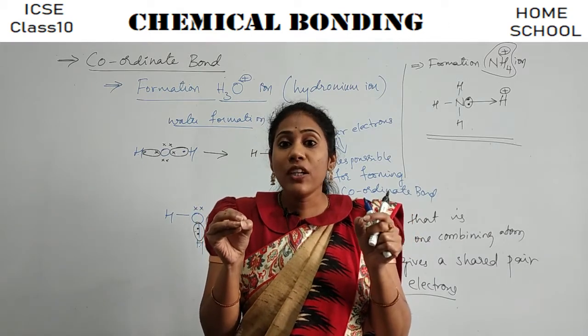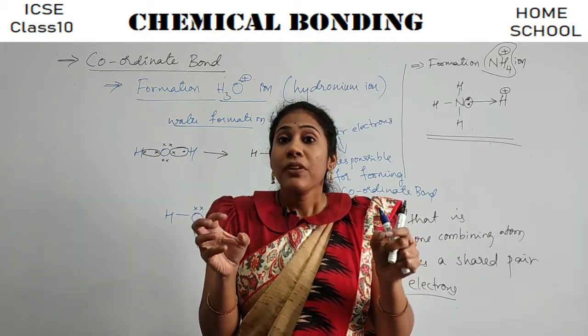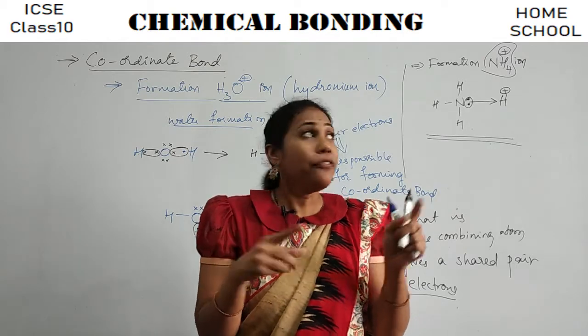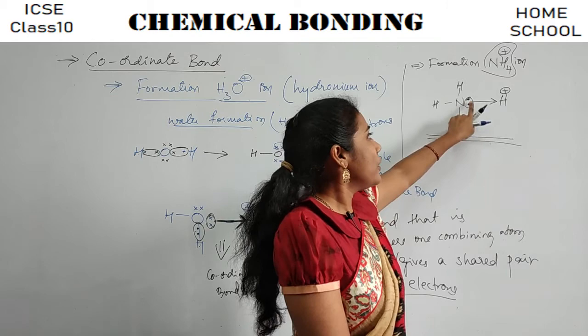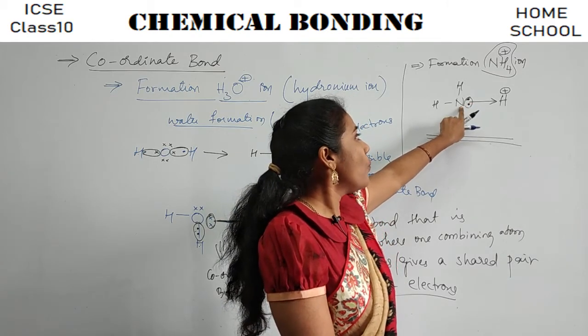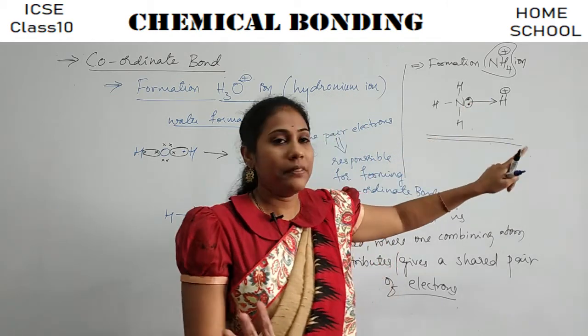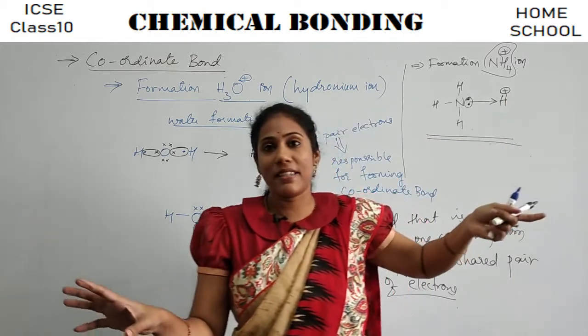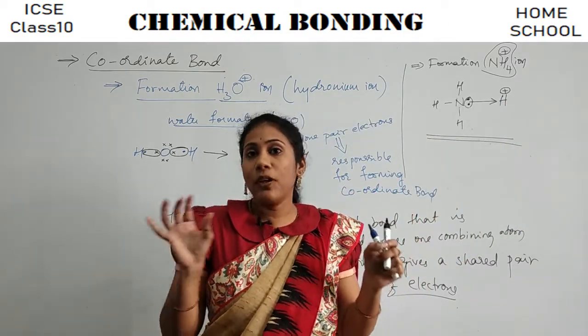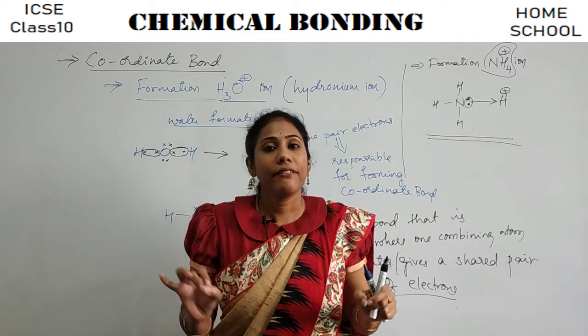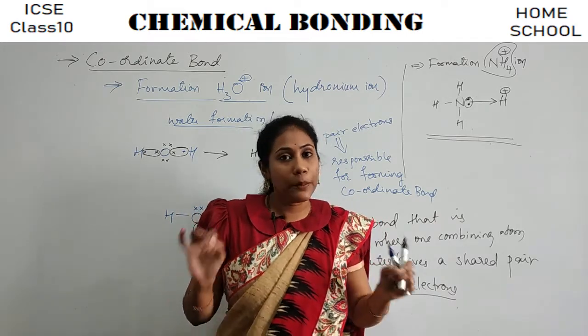We call them complex molecules. In them, you will observe this kind of coordinate bonding. The shared pair of electrons completely belongs to one of the combining atoms. The other guy is completely helpless. So this type of special bonding is what we call coordinate bonding.